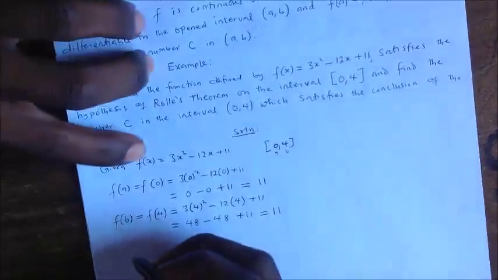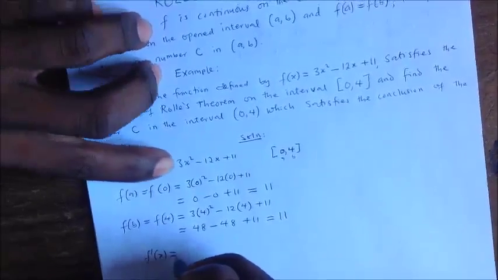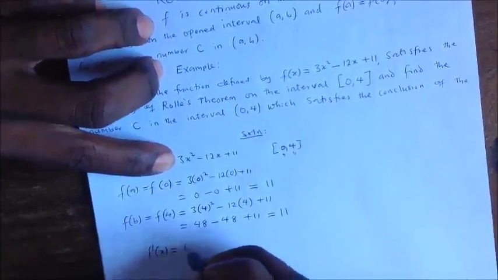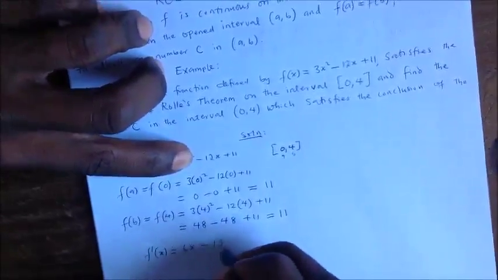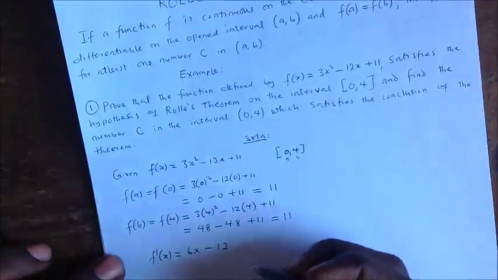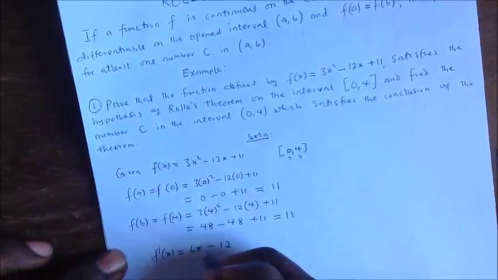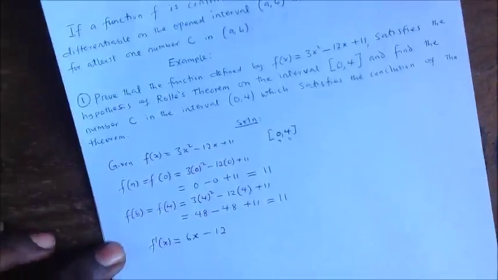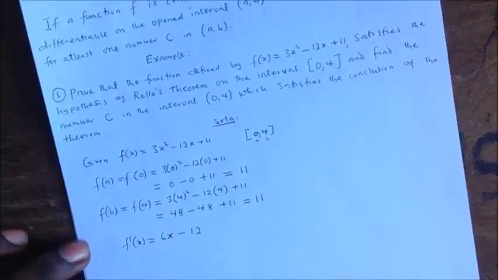We are given the function as this. So f prime of x is equal to the derivative of 3x squared, which is 6x, and the derivative of minus 12x is minus 12. So the function is differentiable because we differentiate the function and we still have a variable in the first derivative. Therefore, the function is continuous on that interval and the function is differentiable on that interval.